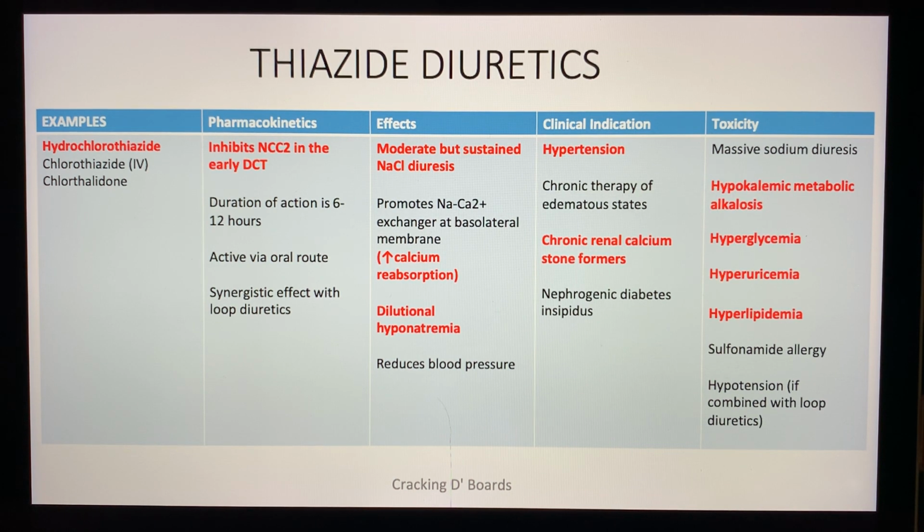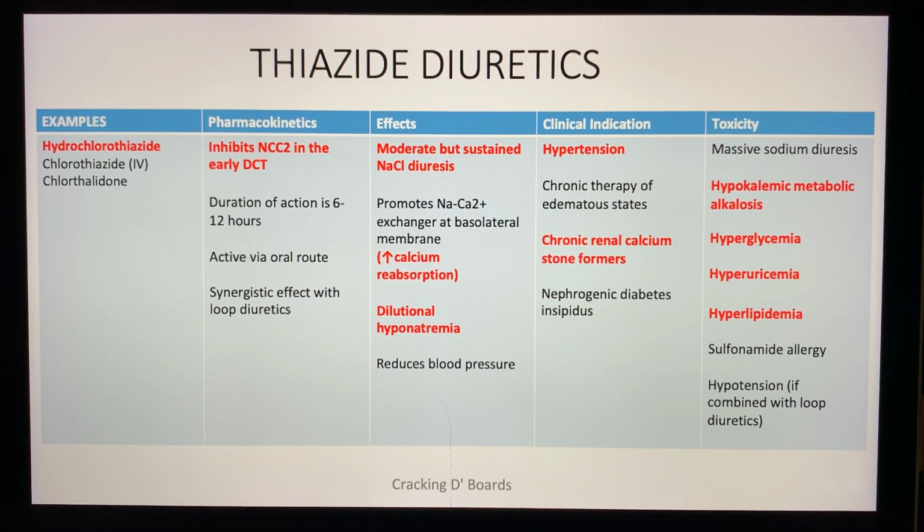Other effects of thiazide diuretics, this is actually what I want you to memorize, increases calcium reabsorption. It can also lead to dilutional hyponatremia, and as an antihypertensive, it reduces the blood pressure. Main clinical indication of thiazide diuretics would be hypertension, chronic therapy of edematous states.